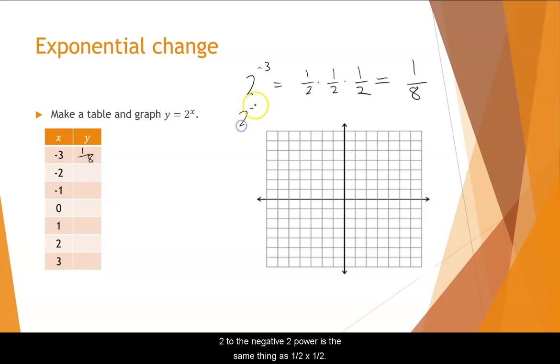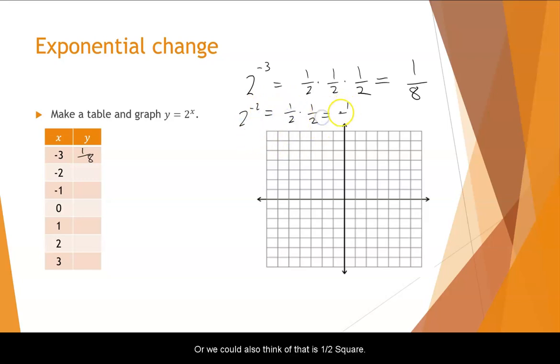2 to the negative 2 power is the same thing as 1/2 times 1/2, or we could also think of that as 1/2 squared, which equals 1/4. 2 to the negative 1 is 1/2. 2 to the 0, don't say 0, 2 to the 0 is 1.